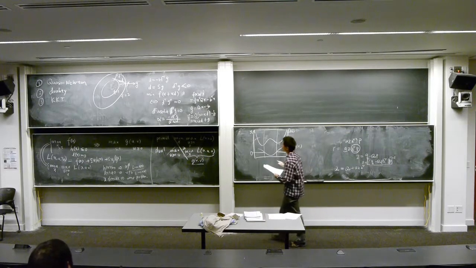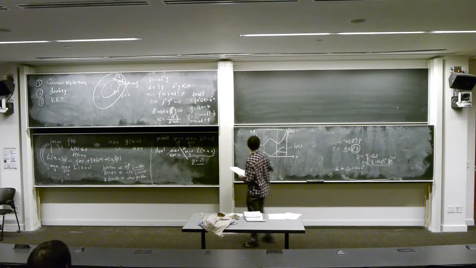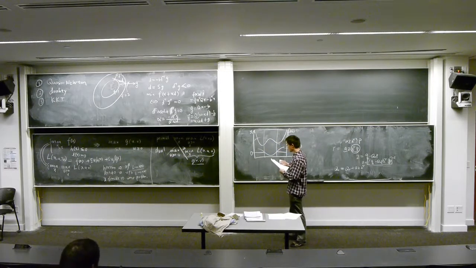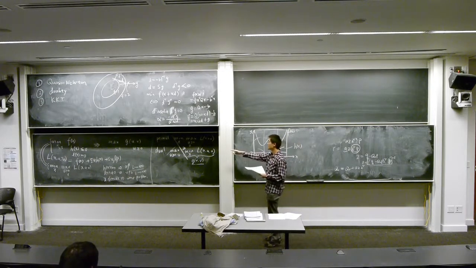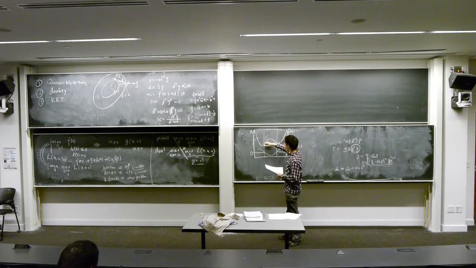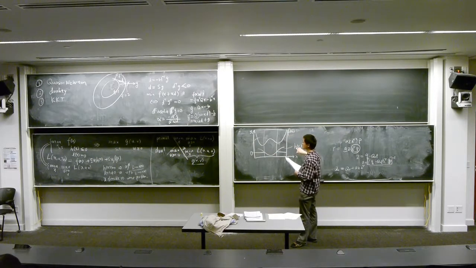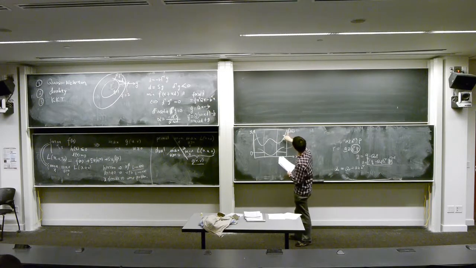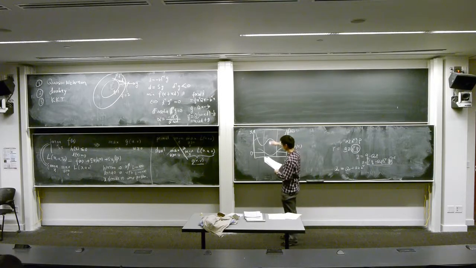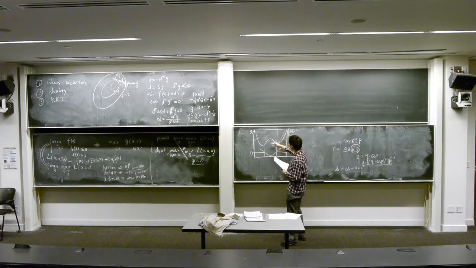And what I'm putting in the Lagrangian, did I always say Laplacian? What I'm putting in the Lagrangian is a positive fraction of this function. So I'm adding some portion of this function to the objective function. So maybe if I add just a little bit, then it will be like this, right?